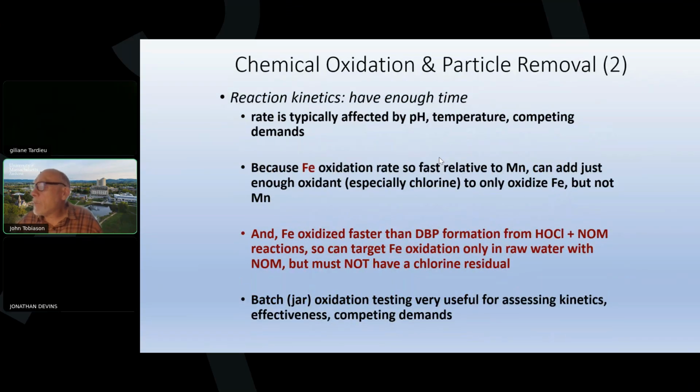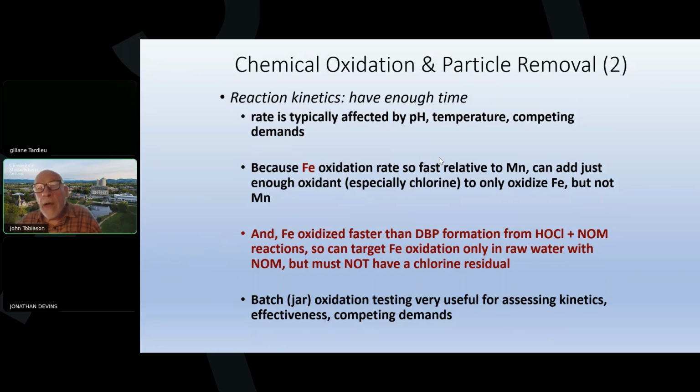The rate of the oxidants reacting with these reduced metals is affected by pH, temperature, and some other things. And one of the things that happens is when iron co-occurs with manganese, the oxidant reacts so much faster with iron than with manganese. That first happens, and then manganese gets reacted if it's going to react.